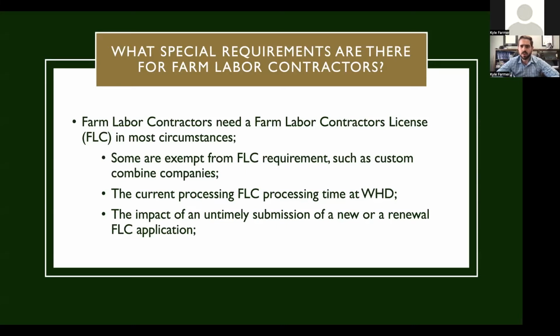The current processing time for getting a farm labor contractor's license in the first place, whenever we call the office, which we have this week, they keep saying 17 weeks from receipt of the application to approval.